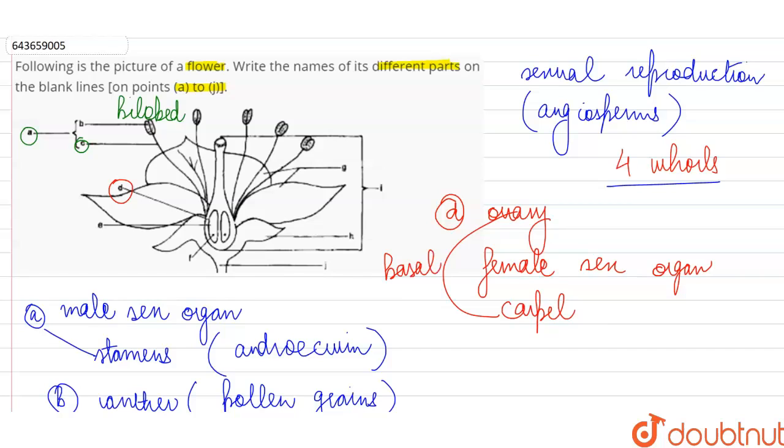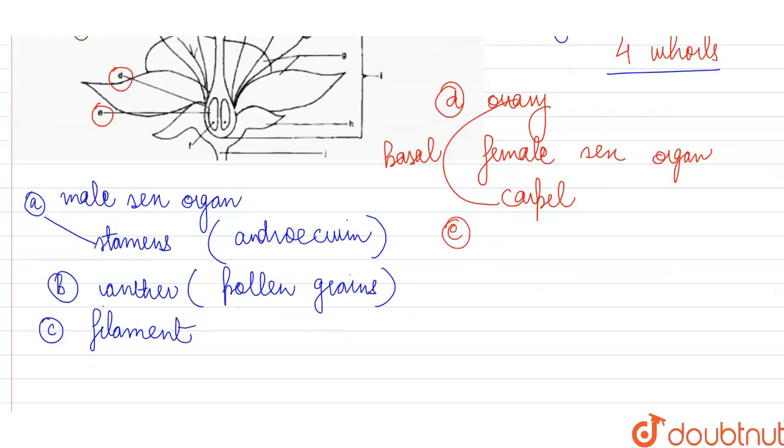So this is what we call the ovary, and in this ovary we are going to find a flattened cushion-like tissue known as the placenta. So in part E, they have labeled the placenta tissue, in which the ovules are attached.